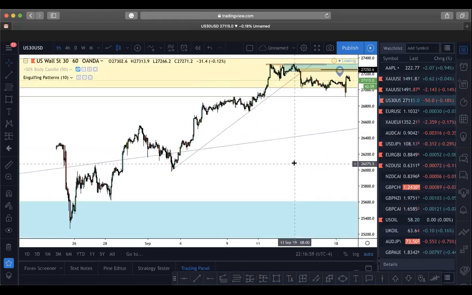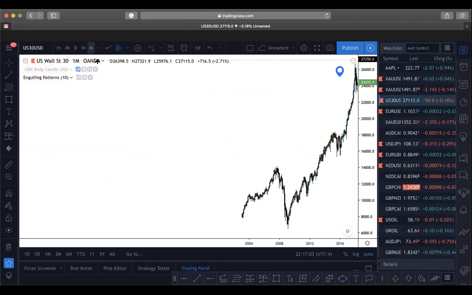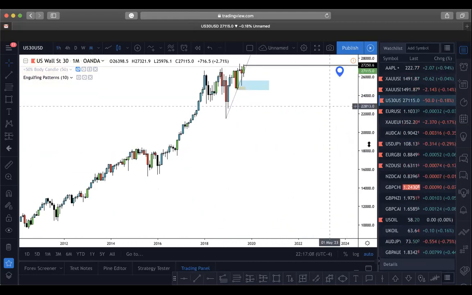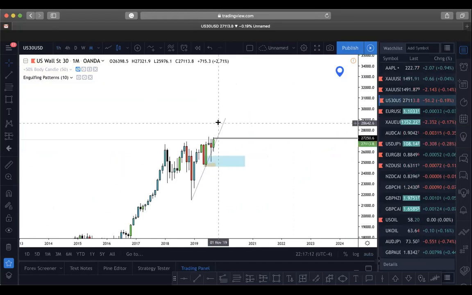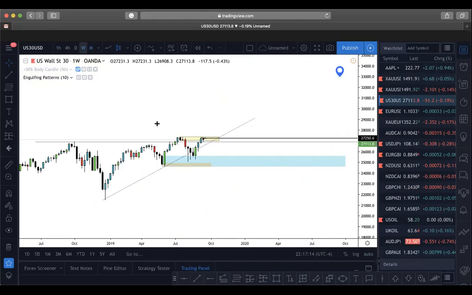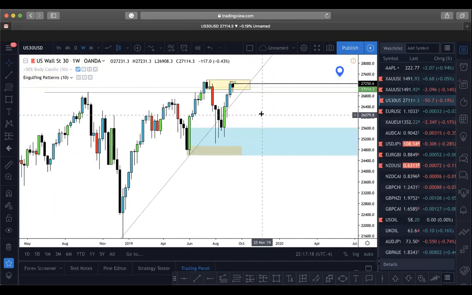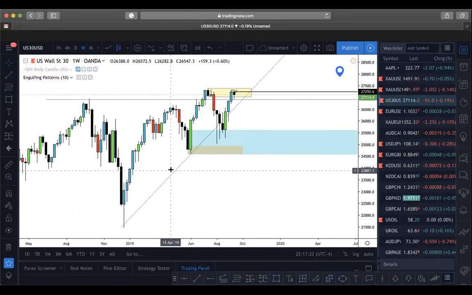Let me see. On US 30, right? Whoever wants to stop can stop now, because class is done. But I just go on US 30. US 30 is up on the weekly. We had a demand zone right here.